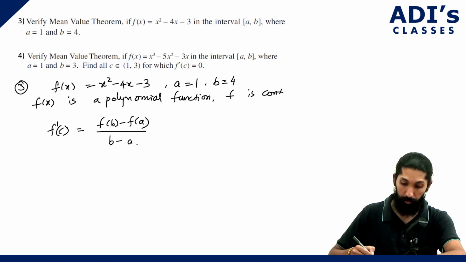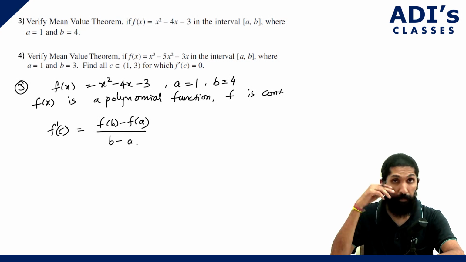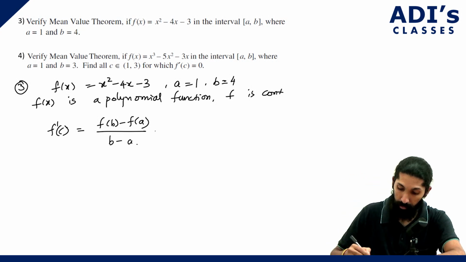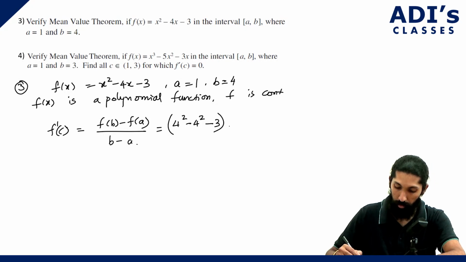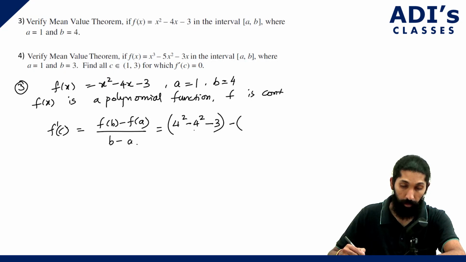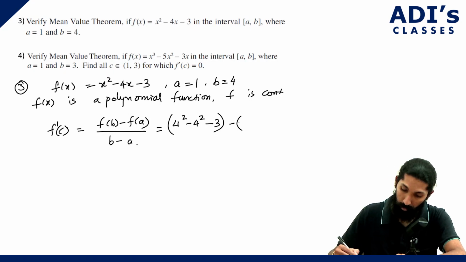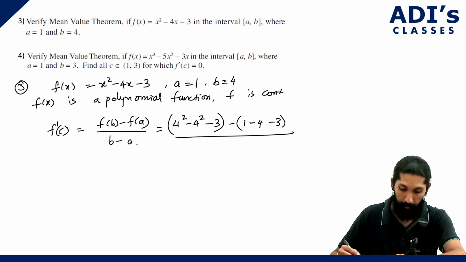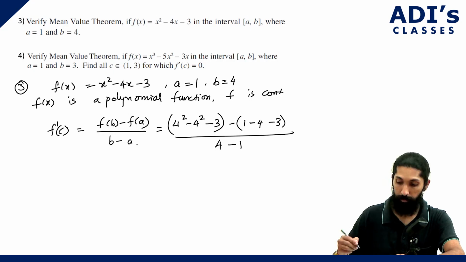So substitute. f of b is 4 square minus 4 into 4 minus 3, minus f of a, which is 1 square minus 4 minus 3, divided by b minus a, that's 4 minus 1.